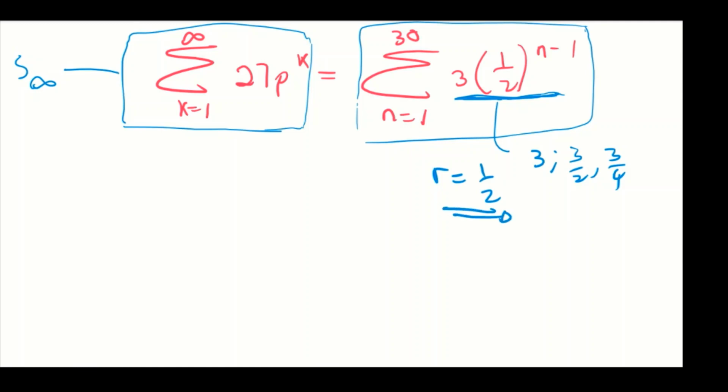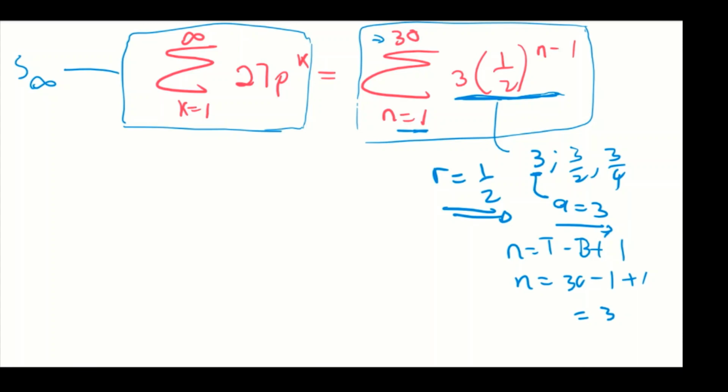We already know our r, we already know our a, which is equal to 3. And what we need to note is we will find our n very easily because n is equal to top minus bottom plus 1. So n is equal to our top value, which is 30 there, minus our bottom, which is 1, plus the 1, so it's going to be 30. So we have everything for this side.